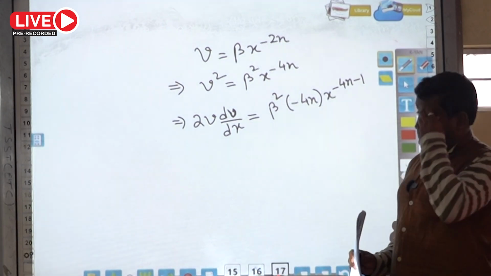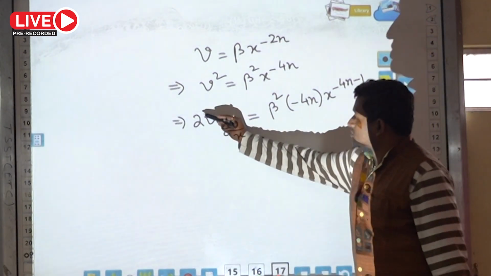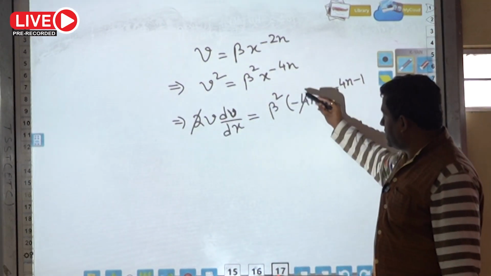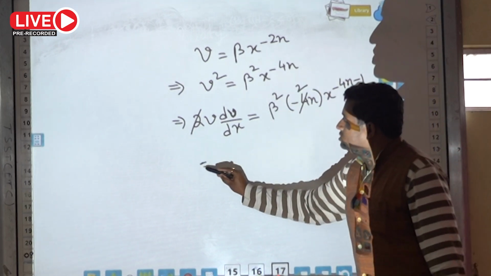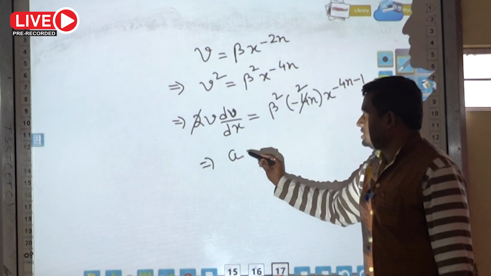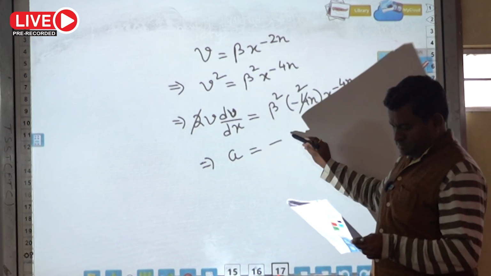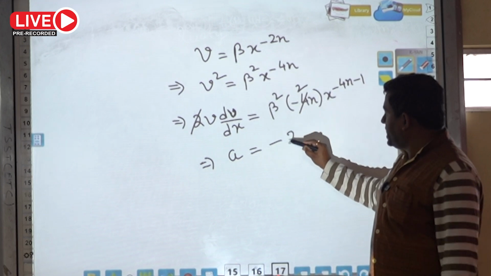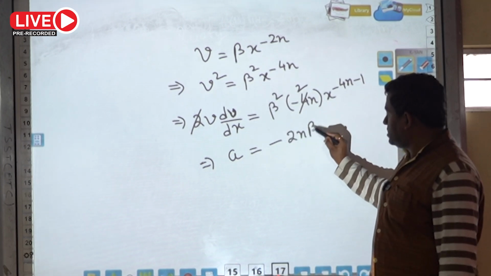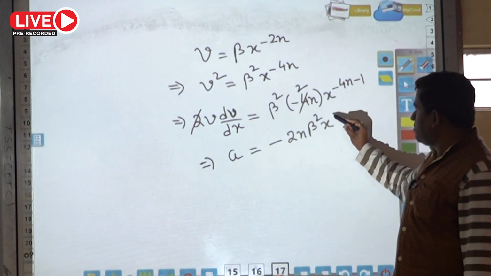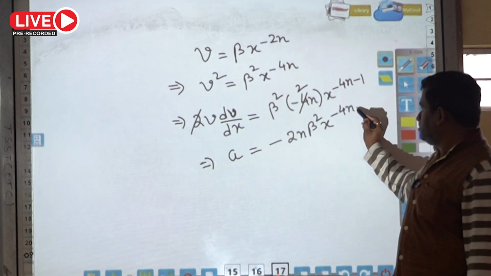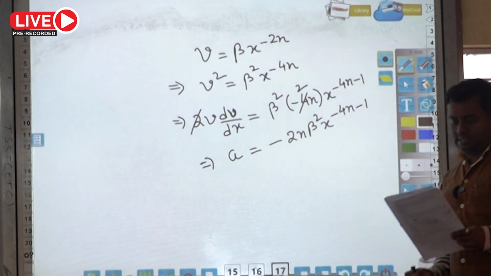Okay. 2, this 4 cancel, 2. Now v dv dx means acceleration. Minus 2n beta square into x to the power minus 4n minus 1. That is the answer.